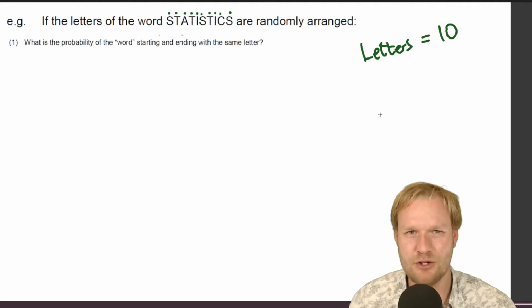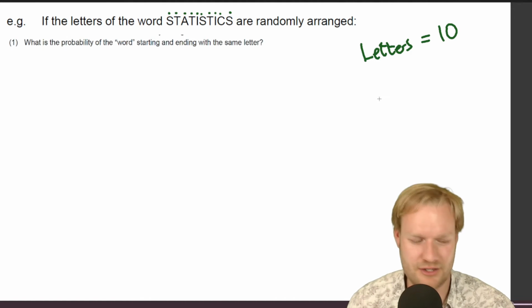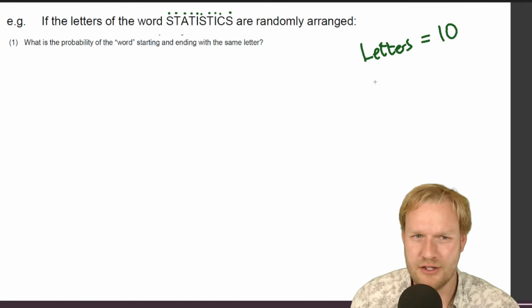Now let's see what we've got in terms of repeated letters, because our formula is going to require us to use those repeated letters. I was going to go in alphabetical order, but you could go in any order you like.